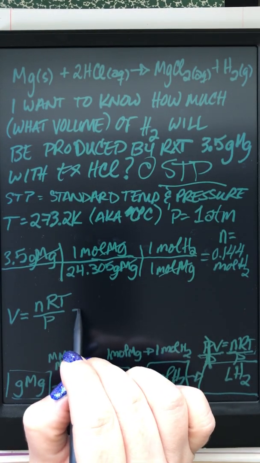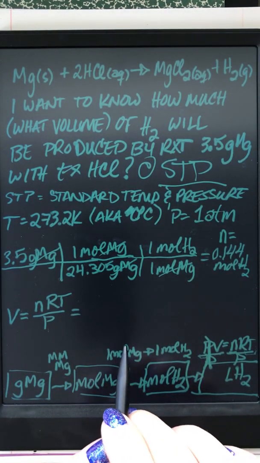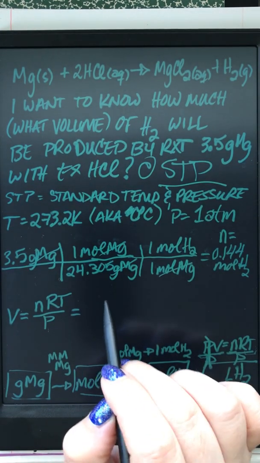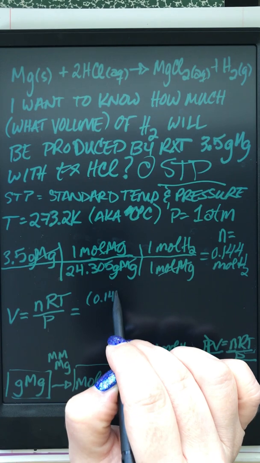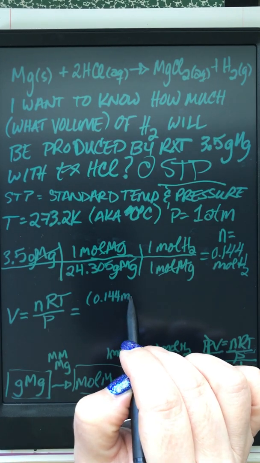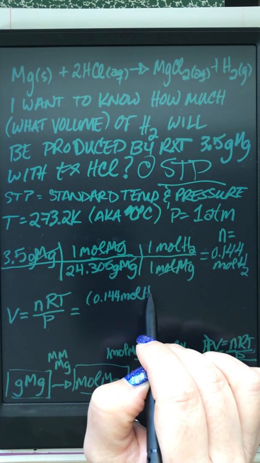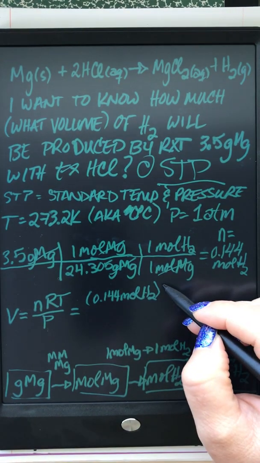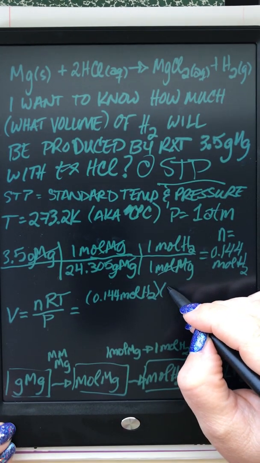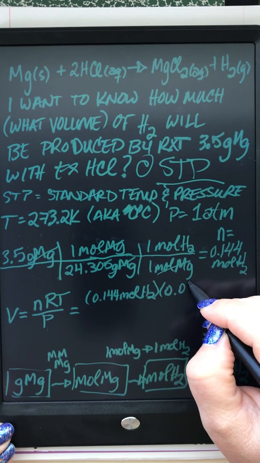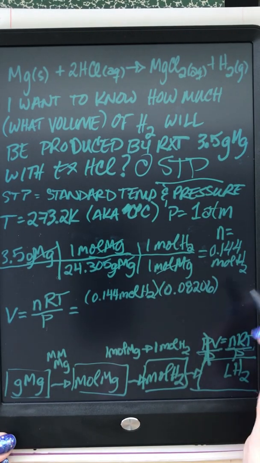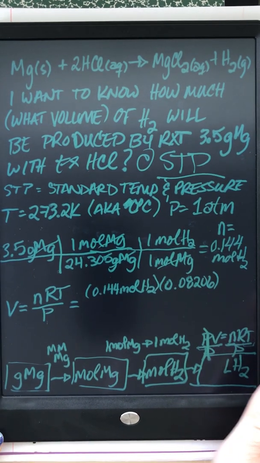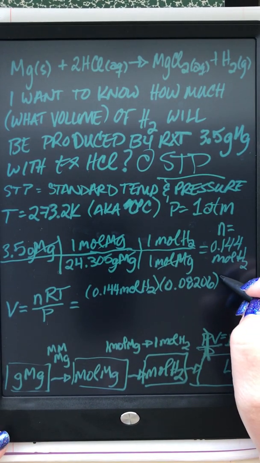So now here, we can start plugging things in, right? We have 0.144 moles of H2. The R value is always going to be this guy, which I don't have enough room to write the units, but you guys hopefully know.